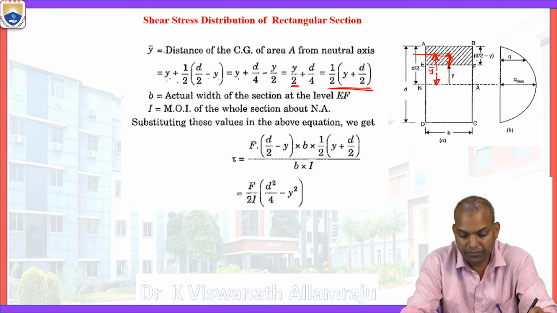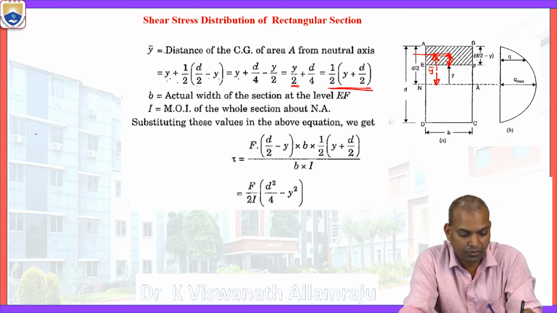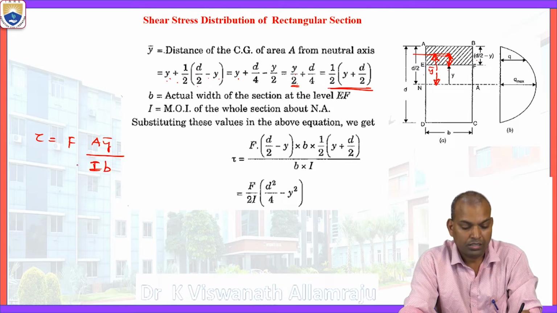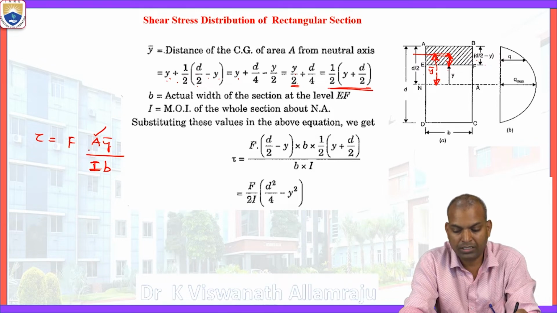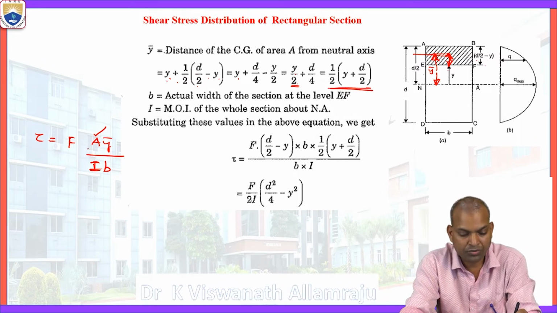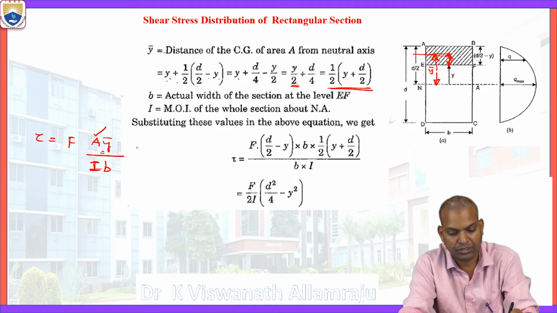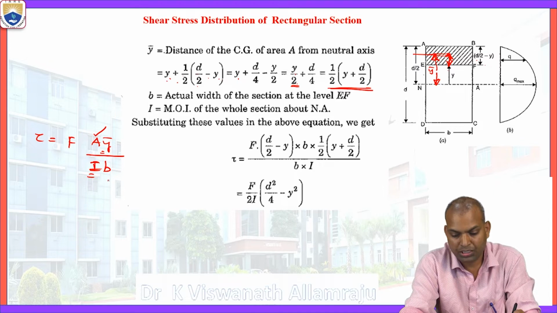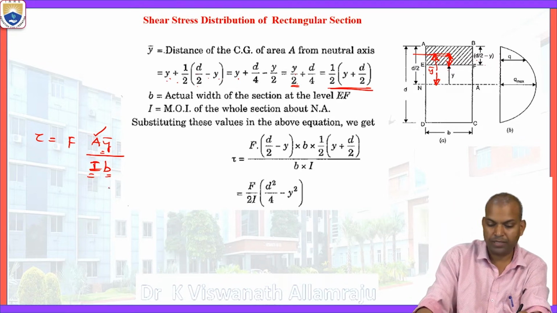Then why do we need all these things? Because the formula is F A y bar by I B. This A is calculated here for the shaded area, that is B times (D by 2 minus y), and we need y bar. Next, I is the moment of inertia, that is B D cube by 12, and B is the constant width.